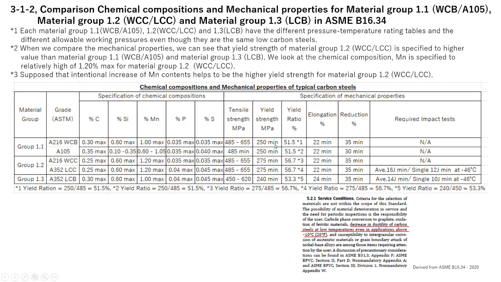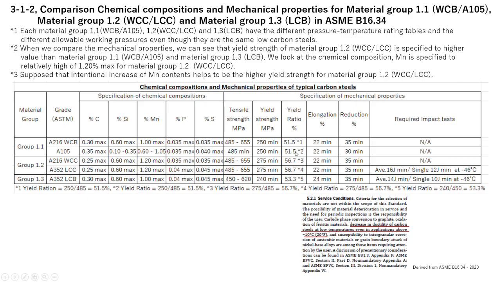Yield ratio is the yield strength 250 divided by tensile strength 485, which gives 51.5%. A105 is also the same. For WCC and LCC, 275 divided by 485 gives 56.7%. For LCB casting, 240 divided by 450 gives 53.3%.